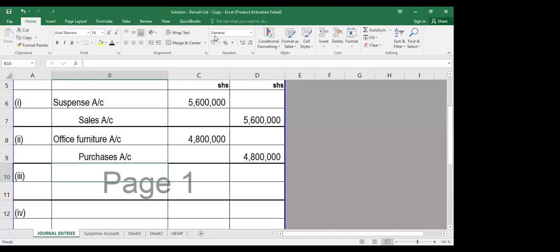I can't hear you well. My question is, how about you just post the exact amount of 900,000 instead of the difference in the two figures? Okay, I get you now. Let me go back to the question.